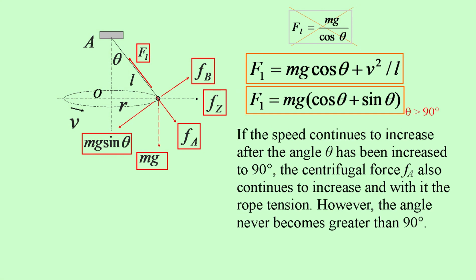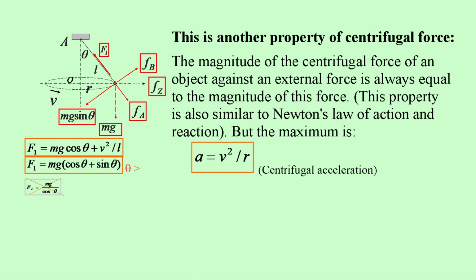If the speed continues to increase after the angle theta has been increased to 90 degrees, the centrifugal force Fa also continues to increase and with it the rope tension. However, the angle never becomes greater than 90 degrees. This is another property of centrifugal force.